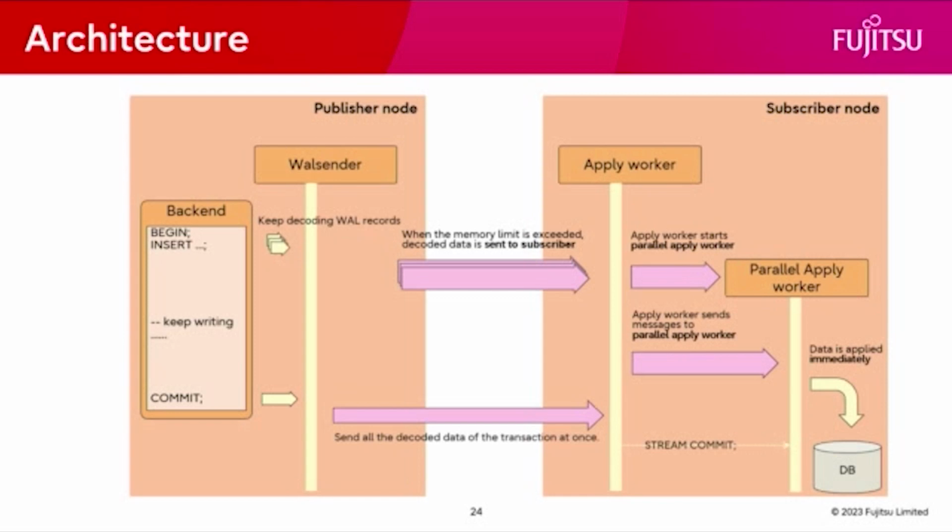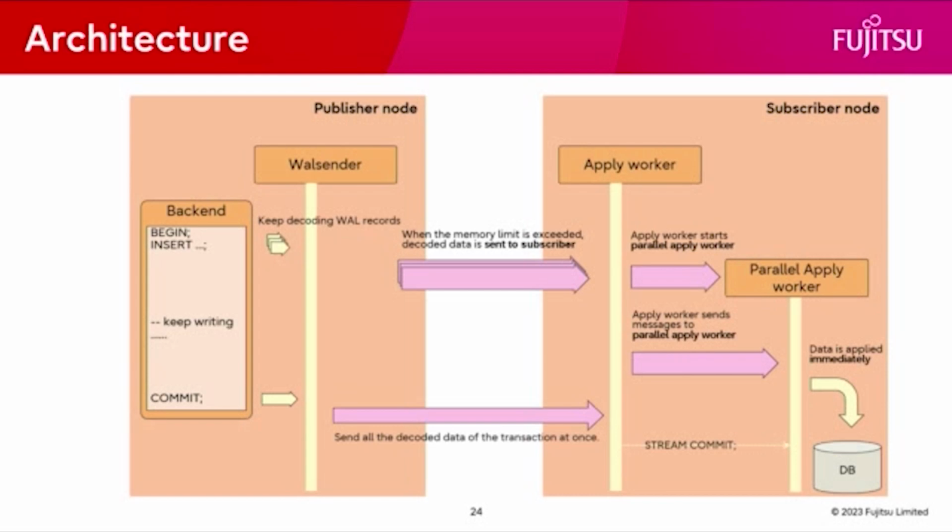When the parallel worker receives the messages, it applies all of them as soon as possible without waiting for commit. Once the transaction is committed on the publisher side, this information is passed to the same parallel worker again, and then the data becomes visible on the subscriber.